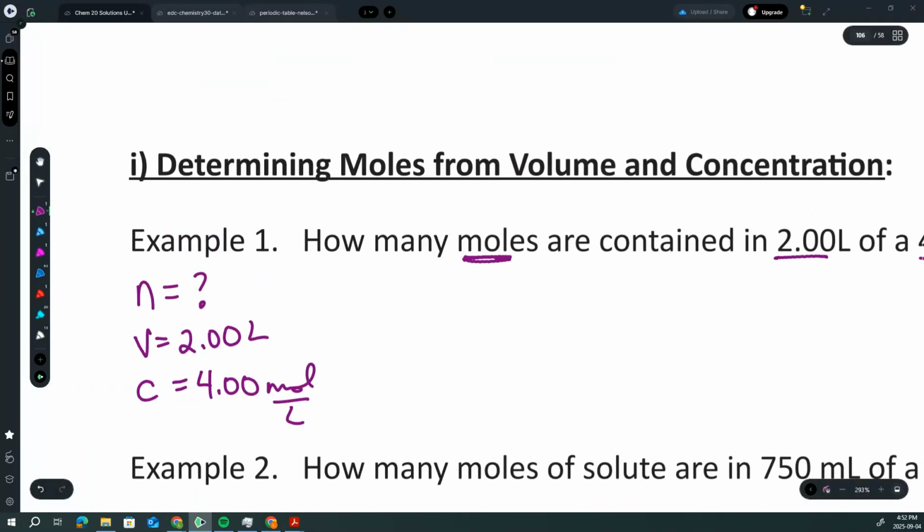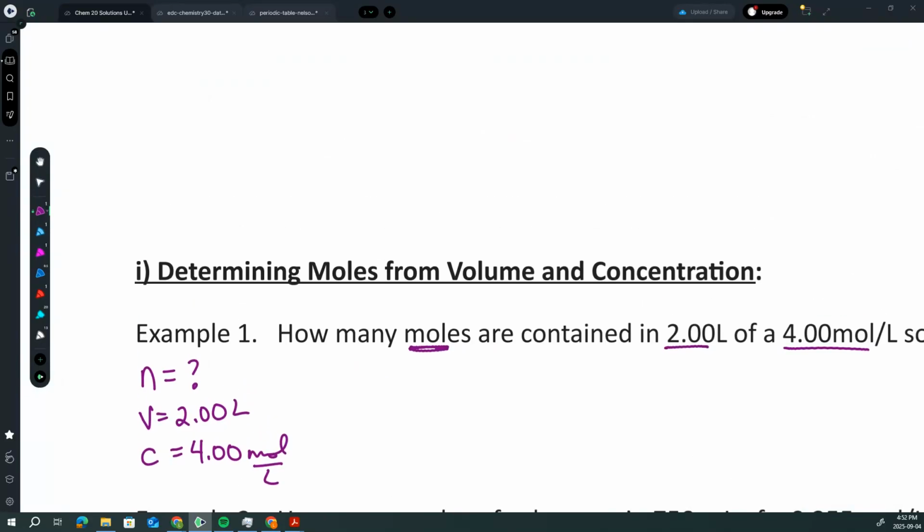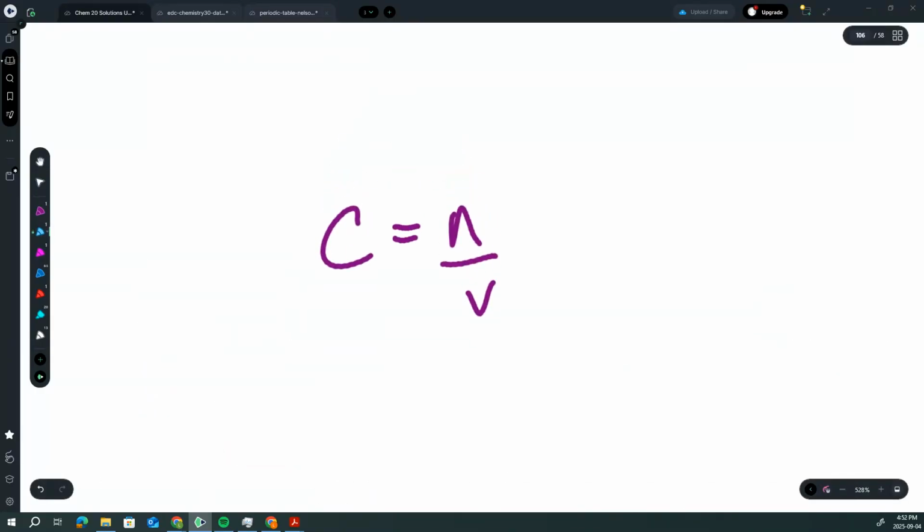All right. So now we're looking for something other than concentration here. I'm going to start off with our formula that we've been using. And now what we need to do is rearrange this so that we can isolate for moles. For isolating for moles, I'm going to ask myself, okay, mathematically, what is volume doing to moles? Volume is dividing into moles, so we need to do the opposite, which is multiplying.